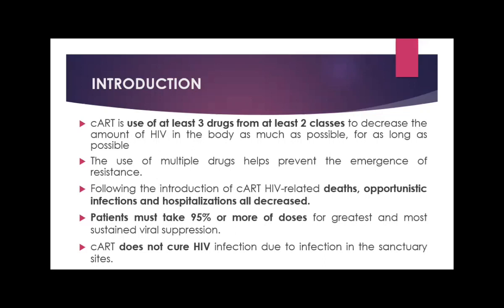So this combined ART is a therapy that uses at least 3 drugs from 2 different classes. Watch out for the next video that will be posted, and it will explain the classes of drugs, the groups of drugs for HIV.